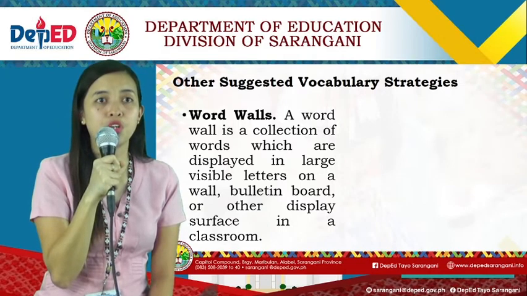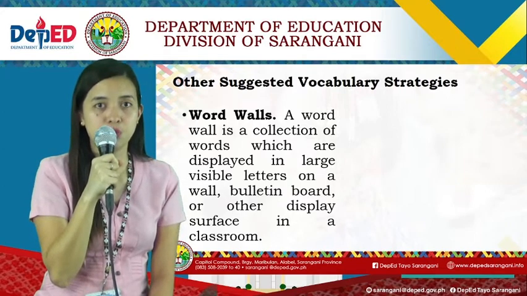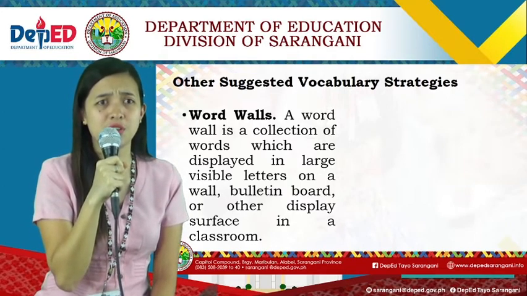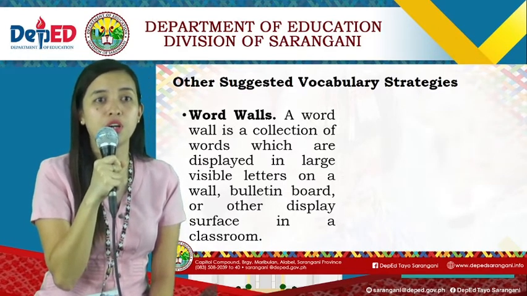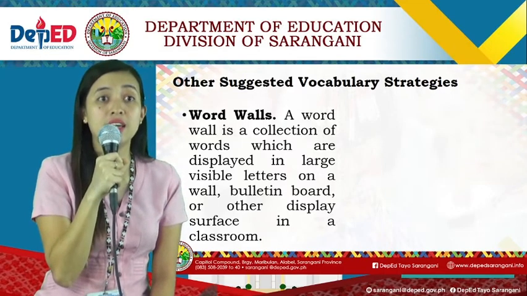So we have word walls. I know that you have already seen this in many classrooms. This is a collection of words which are displayed in large visible letters on a wall, on a bulletin board, or other display surface in a classroom. So you can make use of this one.